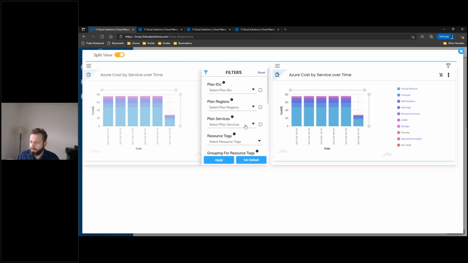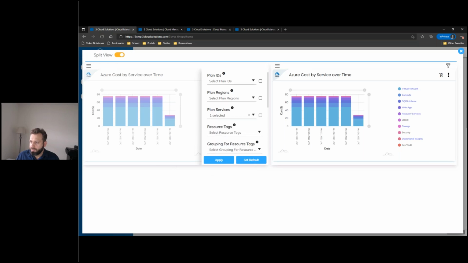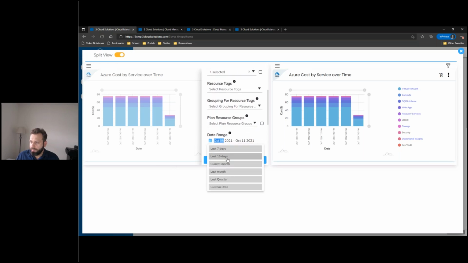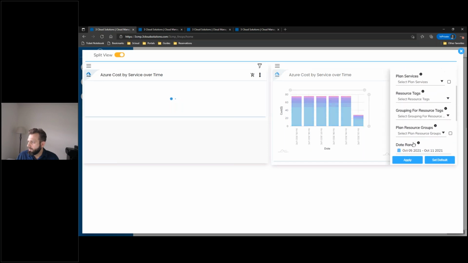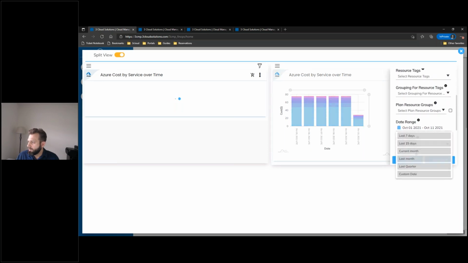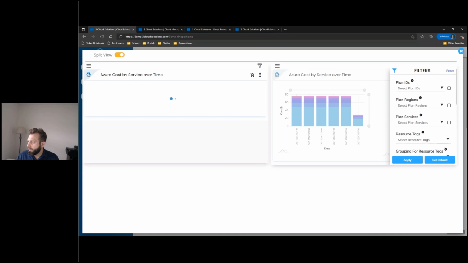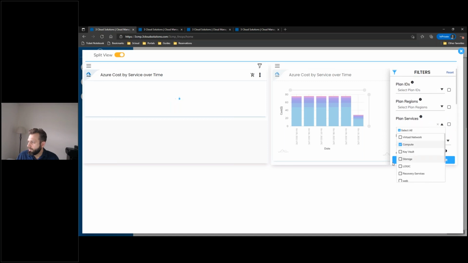I'll just say, all right, what services do I want here? I want compute, and I want to go from last month, apply that filter, to current month, and I want services compute.